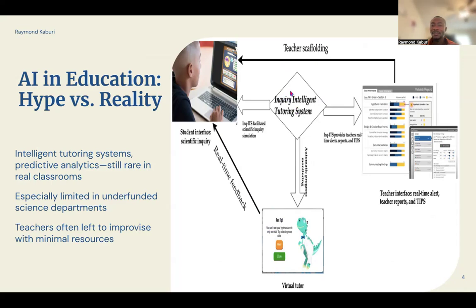There's an intelligent tutoring system that is able to do an experiment, showing the learner practical visuals for the person to see what is really happening and to relate it to the real-world situation. Then teachers are also able to see their interface in real time, what students are really understanding.